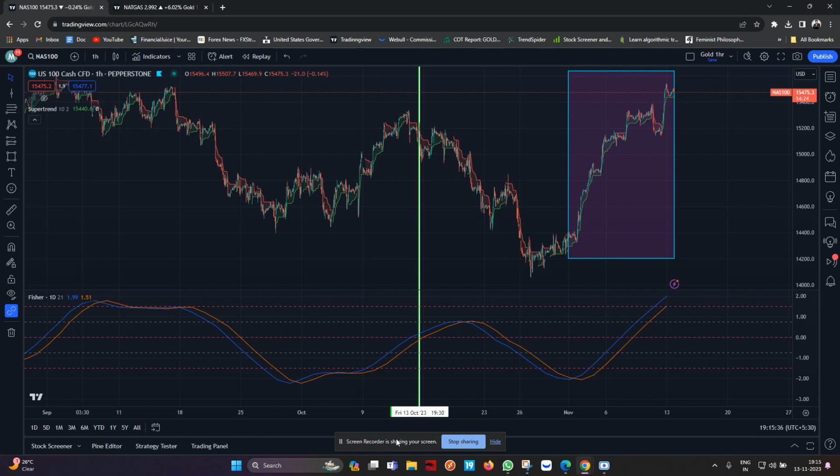At any point, the Fisher is considering the last 21 days. So let's say on the 13th of November, at this point, it is considering price movements 21 days back, maybe up to this point.